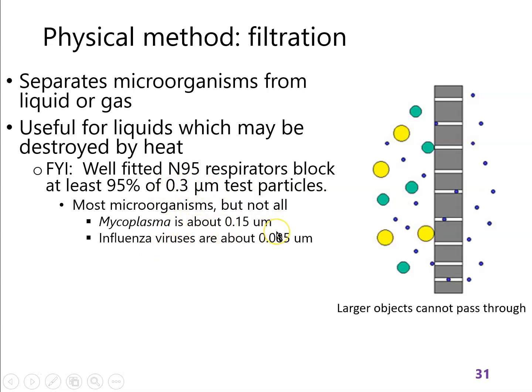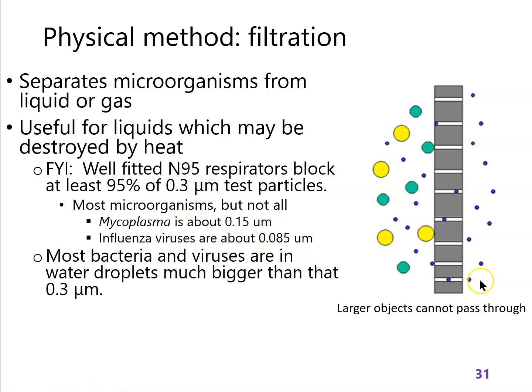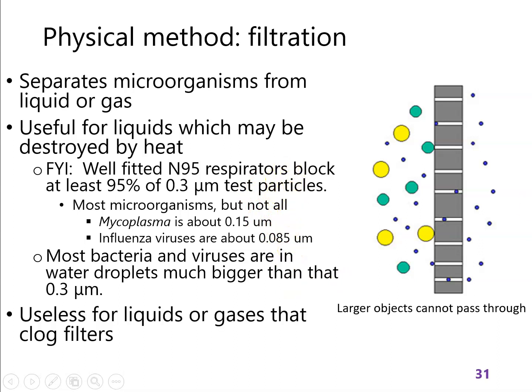You don't really need to know the size of these because most bacteria and viruses would be in large water droplets, or at least much bigger than that. So when you exhale microorganisms, whether they're viruses or bacteria, they are in droplets of water that do get trapped by a typical mask. So if you see somebody telling you not to use a mask because of these numbers, ask them to think a little bit more.